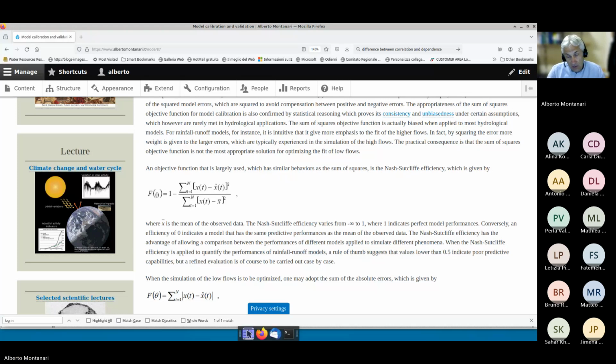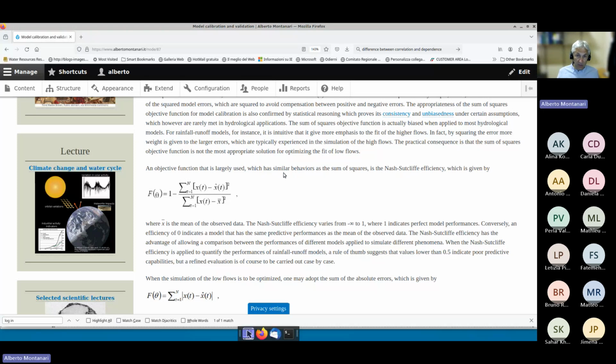So the idea here, at the right-hand side, is to compute the ratio between the errors that you make with your model and the errors that you make with the trivial model. So you understand that if the errors in terms of sum of squares that you make are larger than the trivial model, then your model is really useless. And if the error that you get with your model is comparable to the error given by the trivial model, then your model is useless still.